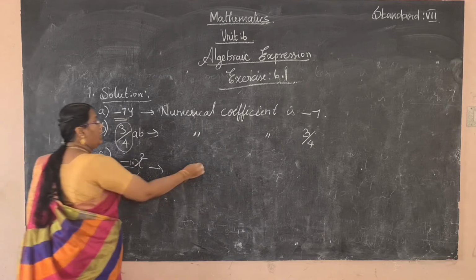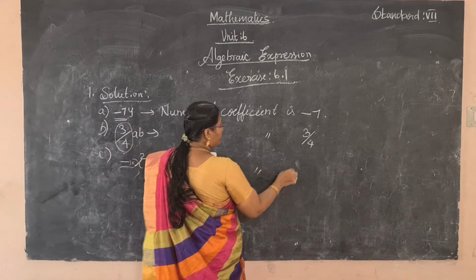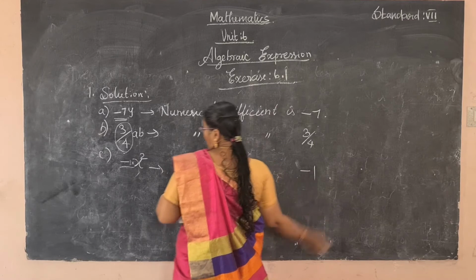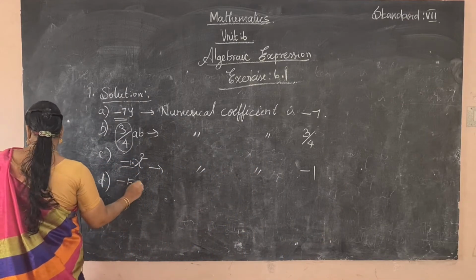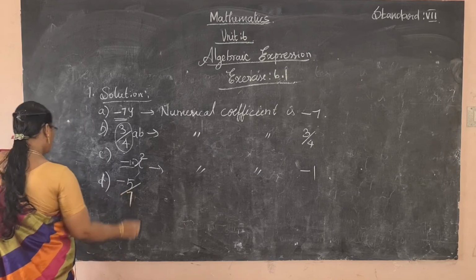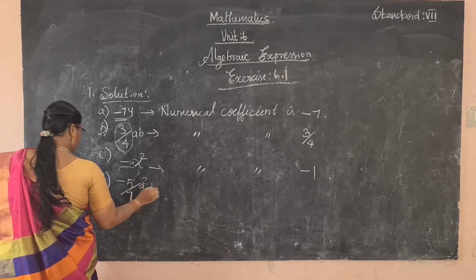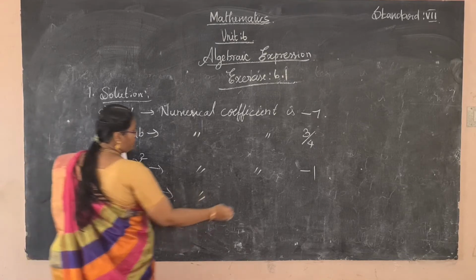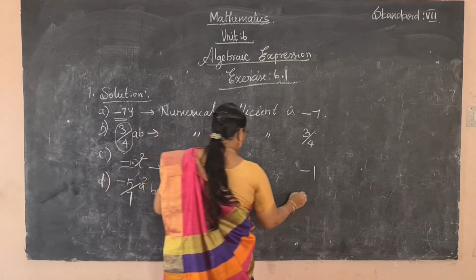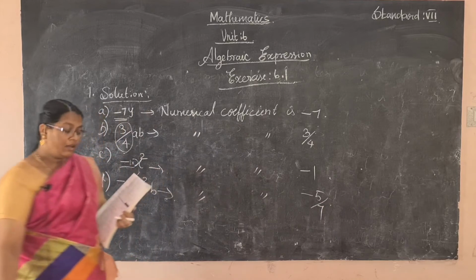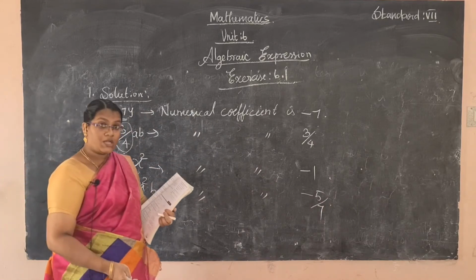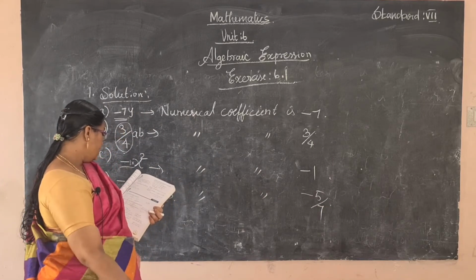Minus 1. And D, minus 5 by 7 a squared b. So what is the numerical coefficient? It is minus 5 by 7. I hope you understood. Remaining problems are homework. Now move to the second problem.